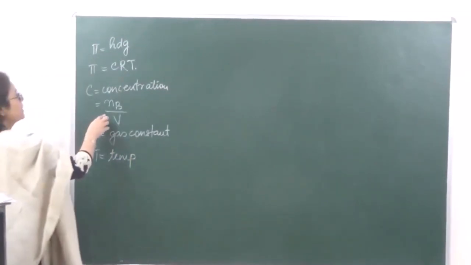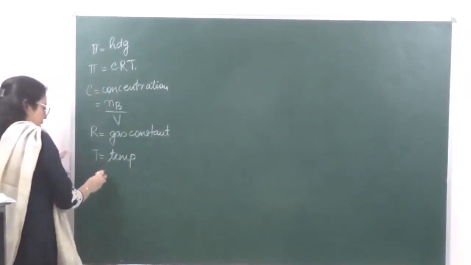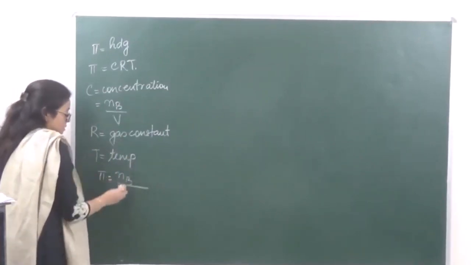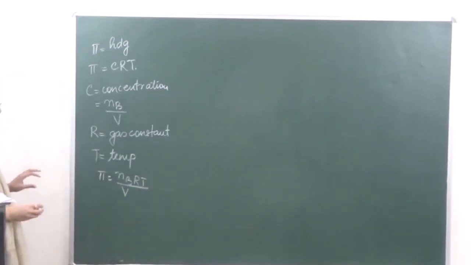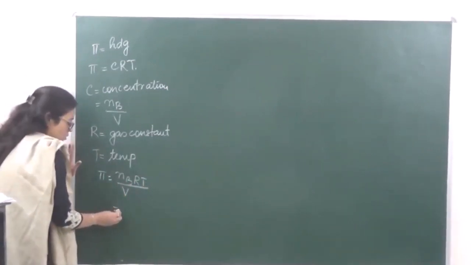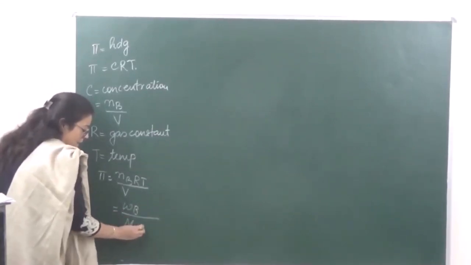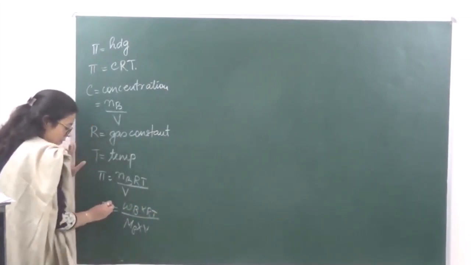Right? So let's put the value of C over here. What will we get? Pi is equal to nB upon VRT. Okay? And we know that number of moles is equal to wB upon MB, so pi is equal to wB upon MB into V into RT.